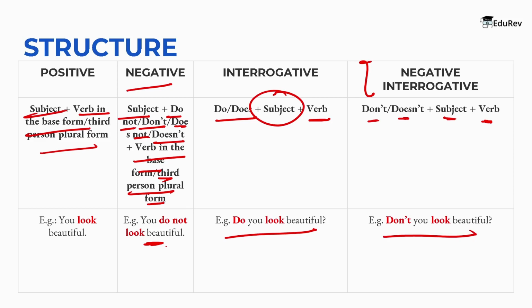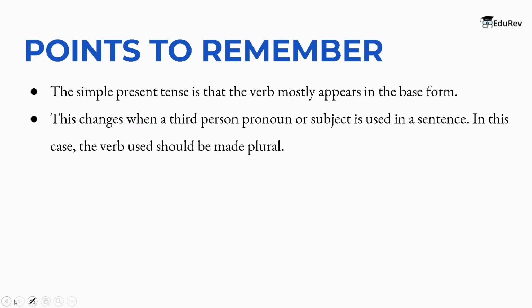Now, to wrap up this lecture, let's see some of the rules and points to remember when using the simple present tense. In order to use it accurately and effectively, there are some rules you have to keep in mind. This is because the sentence or the context would not make sense if the verb does not agree with the subject.